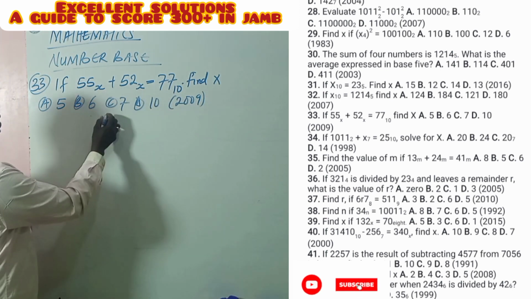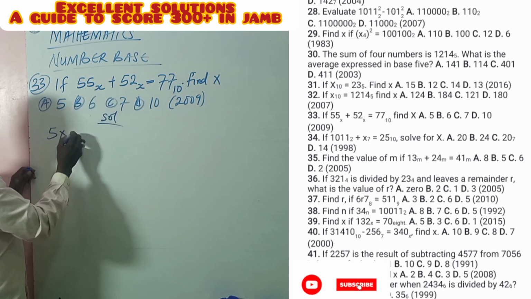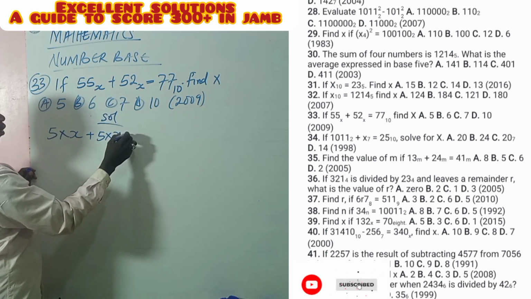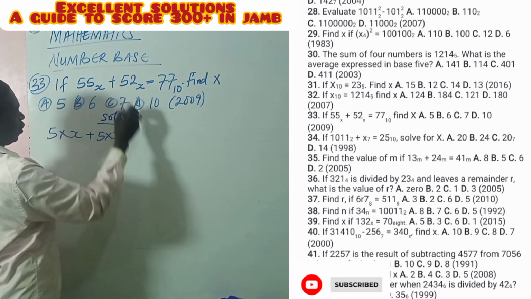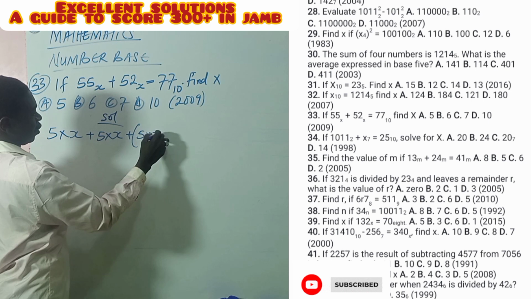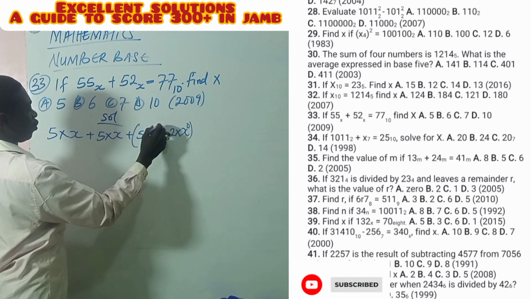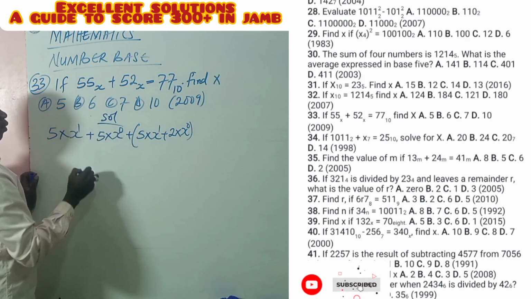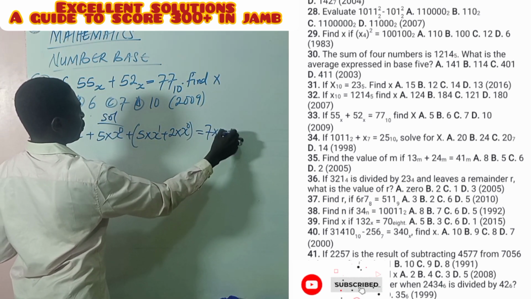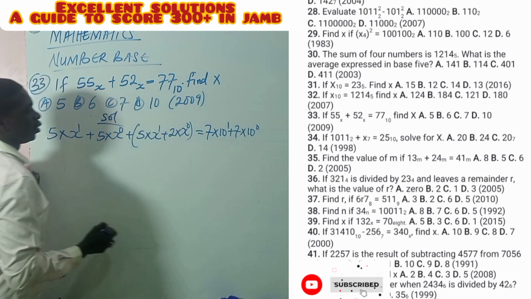find x. So what we need to do here, we have 5 times the base, which is x, plus 5 times x, then plus this one, we have 5 times x plus 2 times x, this power 0, power 1, is equal to 7 times 10 plus 7 times 10. This power 0, this power 1.